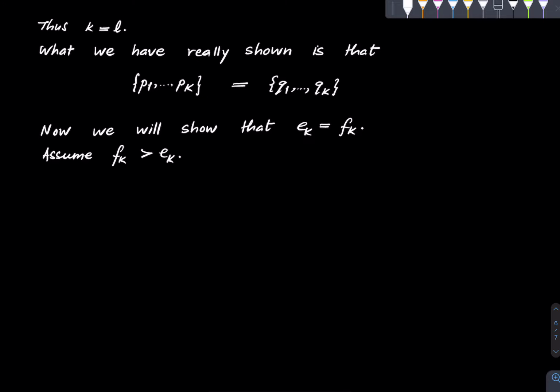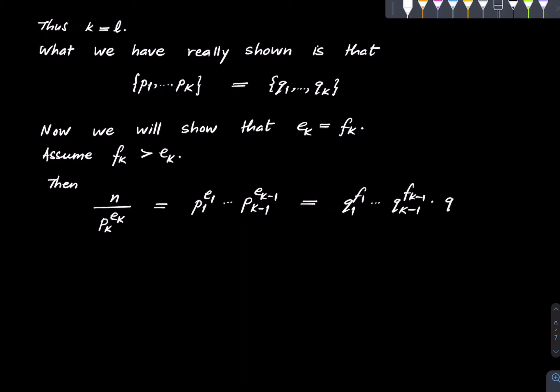So what happens is then n divided by Pk to the Ek is equal to P1 to the power E1 dot dot dot Pk minus 1 to the Ek minus 1. This is equal also to Q1 to the power F1 dot dot dot Qk minus 1 to the Fk minus 1 times Qk to the Fk minus Ek. And now we can repeat the argument that we did for n to this integer.